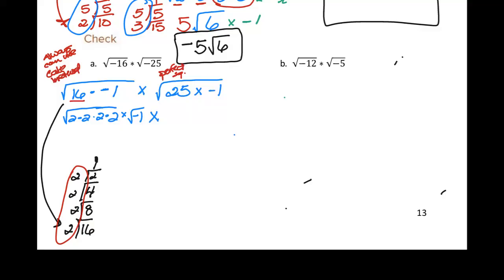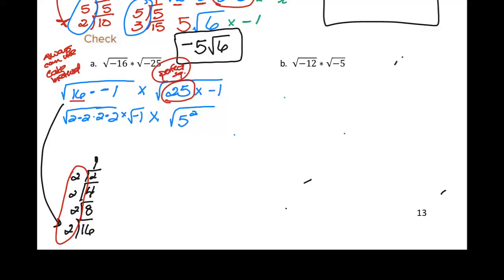Over here, let's say you know that 25 is a perfect square. That would mean I am going to have some number squared, which gives me 25. Well, what number times itself gives you 25? 5.